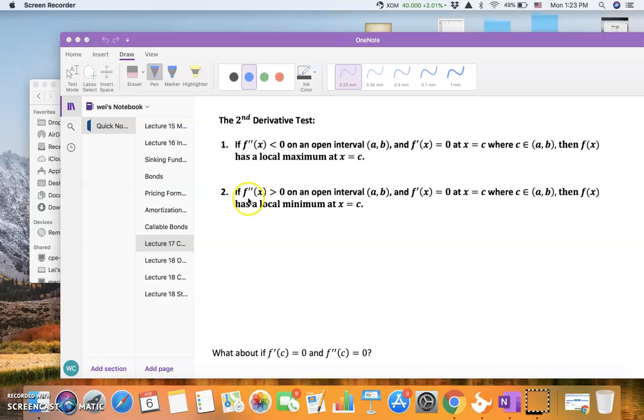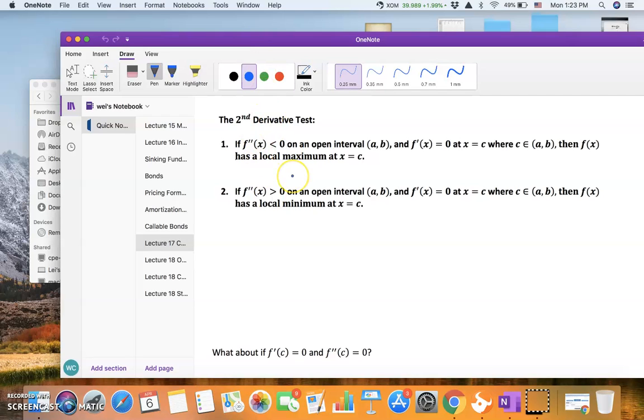And if the second derivative is positive on the open interval from a to b, and if the first derivative equals 0 at x equals c, then the function has a local minimum at c.